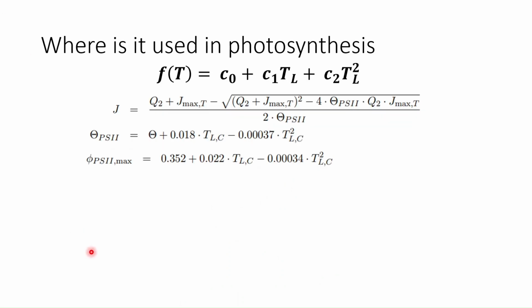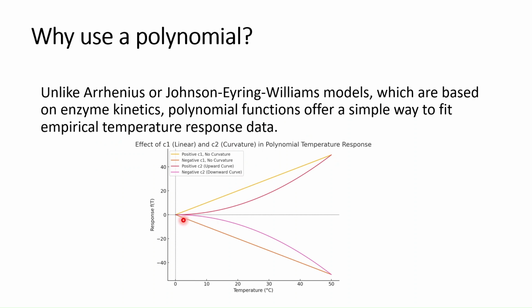So in photosynthesis, both terms theta and phi, which I had shown in the graph, are represented at particular points. But if we don't have a graph to obtain these values, the values can be estimated if we know the temperature at which the measurements are done, using this equation, where theta is the baseline linear response, 0.018 is the first order coefficient and minus 0.0037 is the second order coefficient.